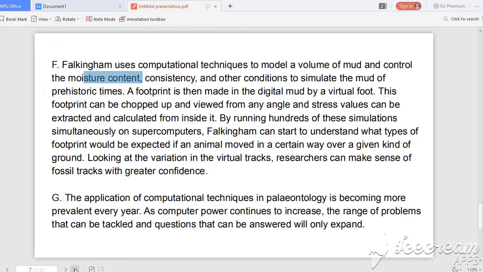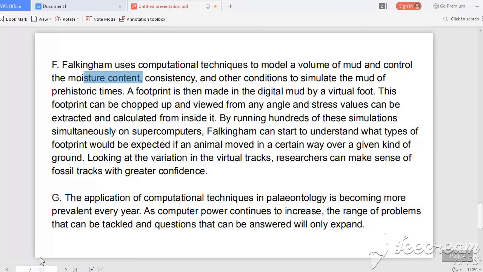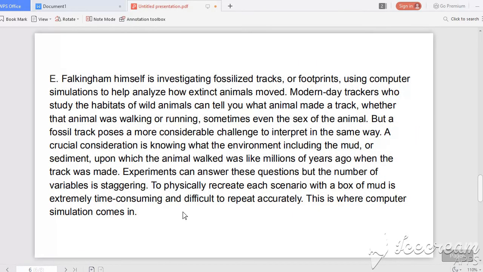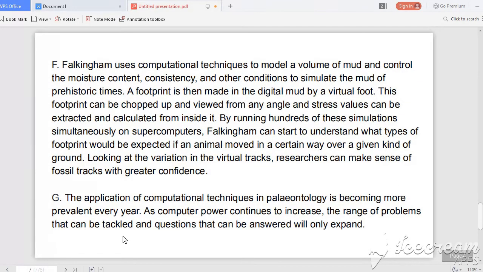So let's read the question again. Research carried out into the composition of prehistoric mud has been found to be inaccurate. So here, starting from here, there is nowhere any mention of the composition of mud. They talk about mud, how they can use it to know about the animals, how they're moving and how they're running.